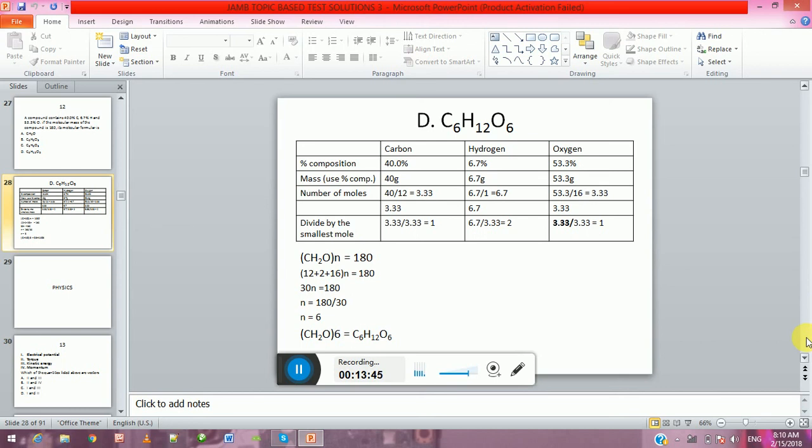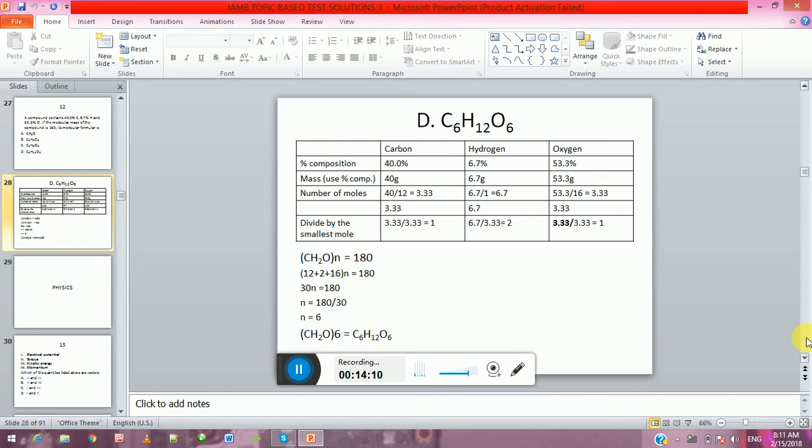For carbon it is 40, hydrogen 6.7, oxygen 53.3. It's already given. So the mass, which is the same as the percentage composition in the compound, is 40, 6.7 and 53.3. For the number of moles, you divide each of them by their atomic mass.